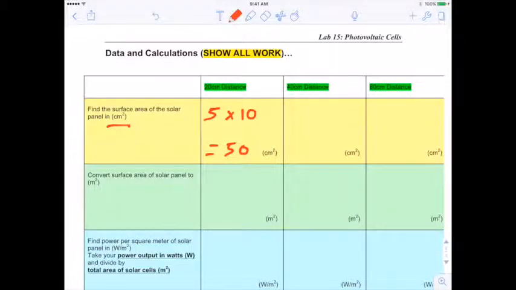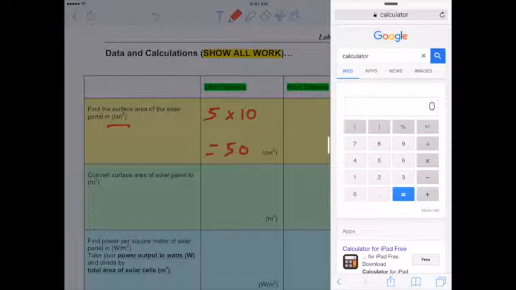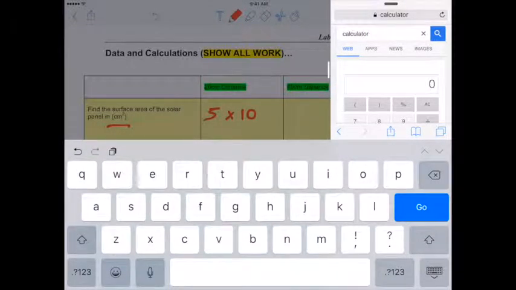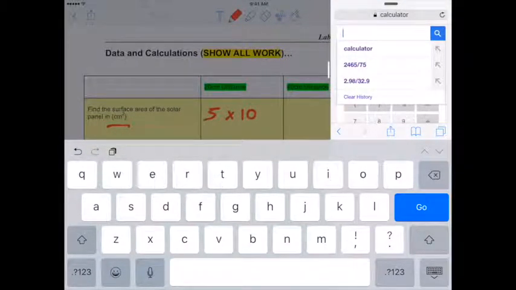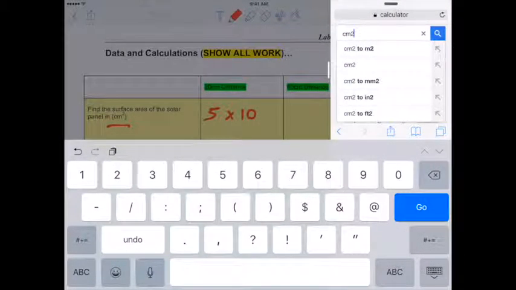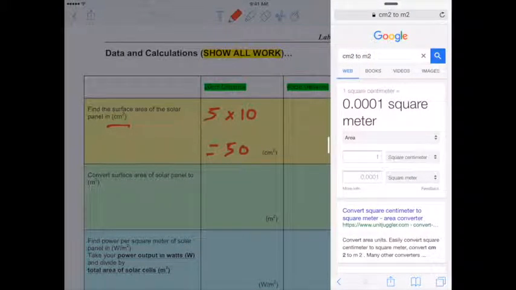Now I know that many of you are going to be able to convert centimeters to meters, no problem, but meters squared and centimeters squared is a whole different thing. So for example, I'll just go into Google and show you that the conversion, centimeters squared to meters squared, is actually different. It's basically a 10,000 difference, and so 1 square centimeter equals 0.0001 square meter.